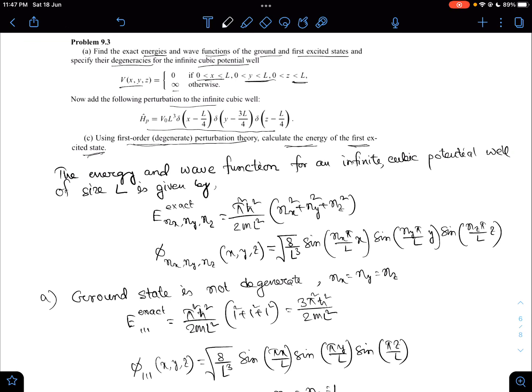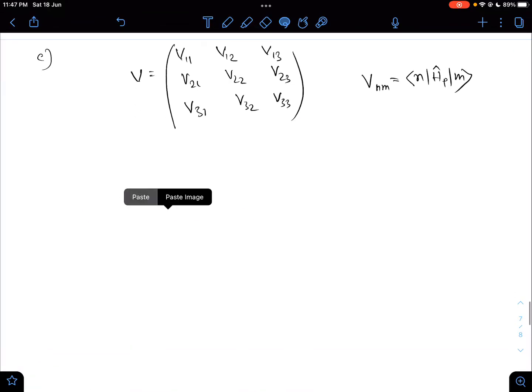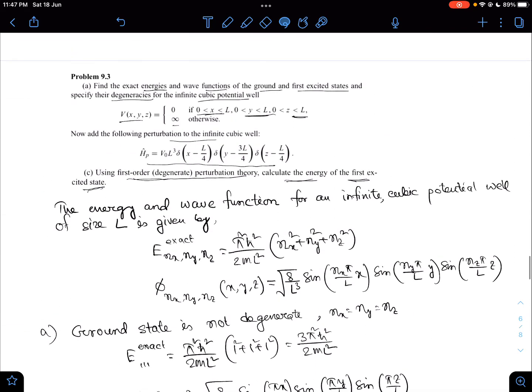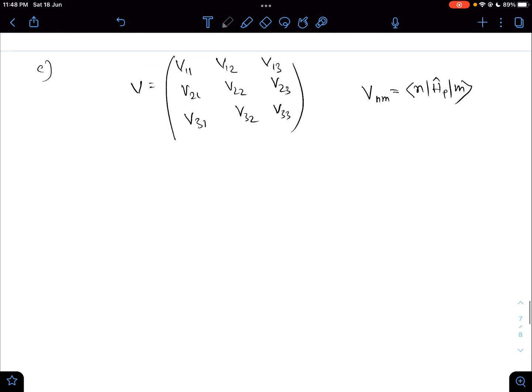Our perturbative Hamiltonian is V0 L cubed delta(x minus L by 4) delta(y minus 3L by 4) delta(z minus L by 4). So this is our perturbative Hamiltonian.